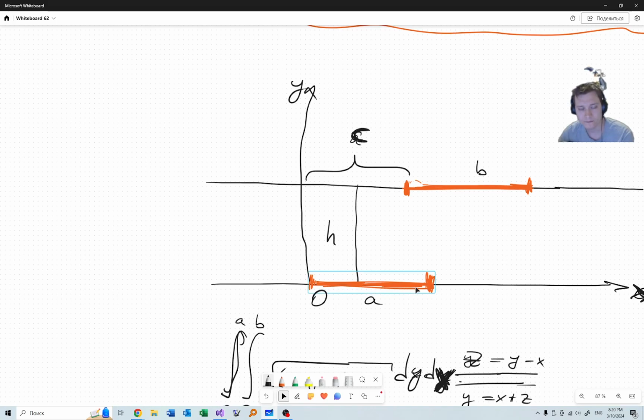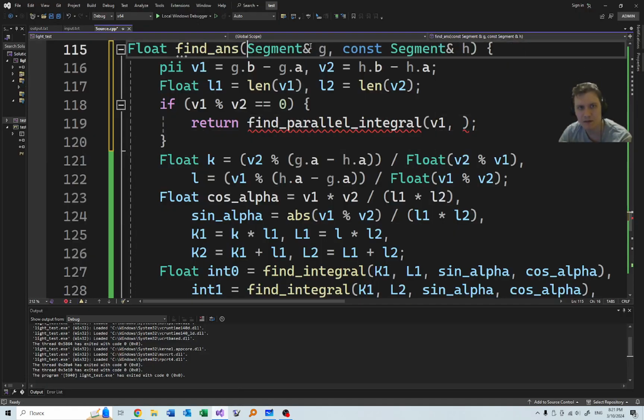Okay. B is the length. Actually, let's put it like this.